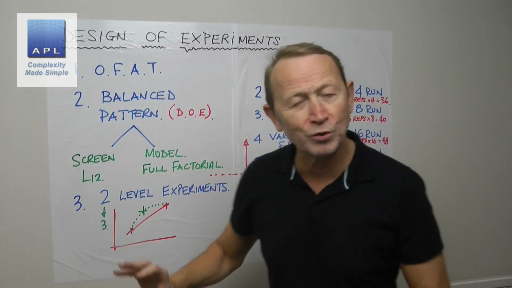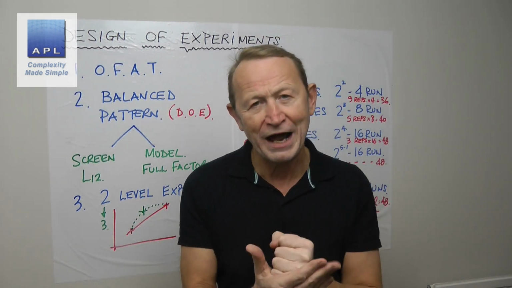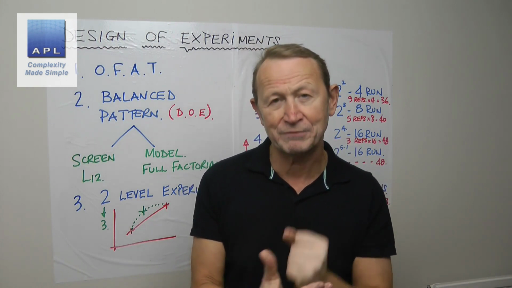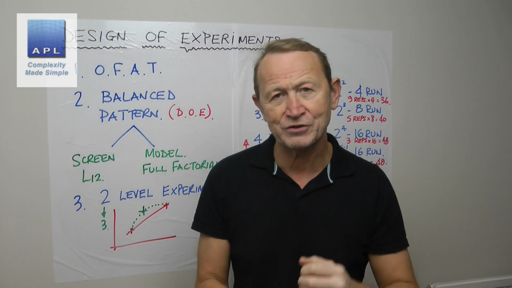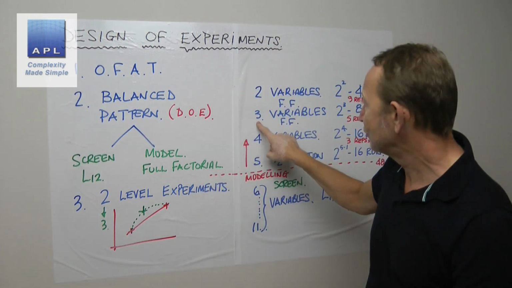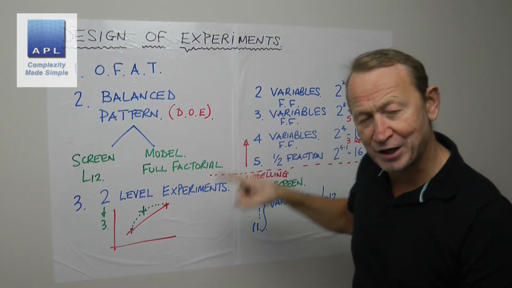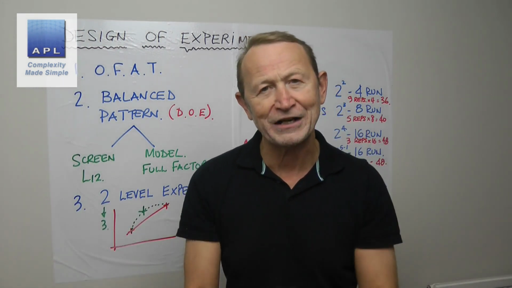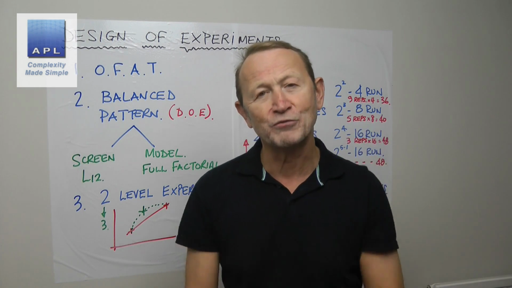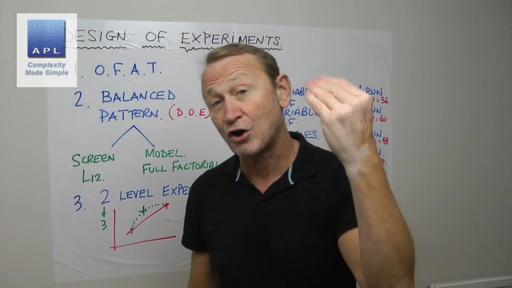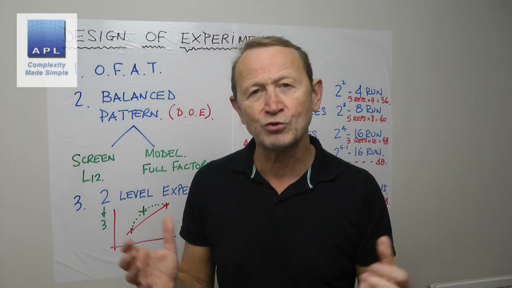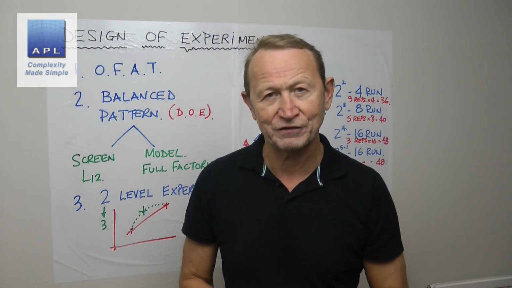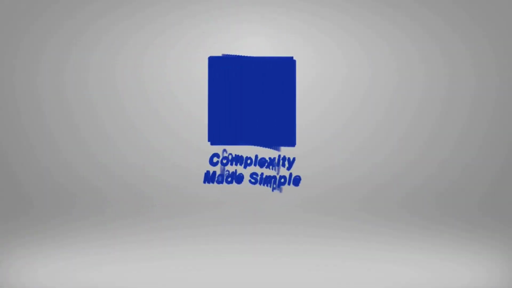I can teach you all the theory, but the planning is a practical day. You spend one day with your team planning your experiment so that when you do the experiment of choice, it goes off perfectly, you get fantastic knowledge, and you move your process knowledge forward in huge leaps and bounds. I will see you in the next video.